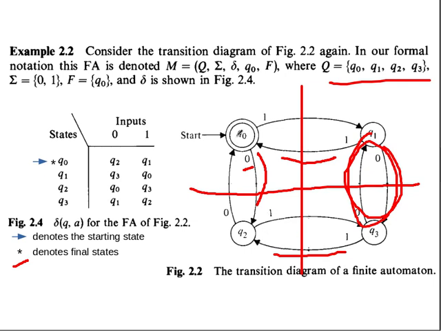So it starts here, which means it has seen an even number of zeros and an even number of ones, because it has seen 0 zeros and 0 ones.